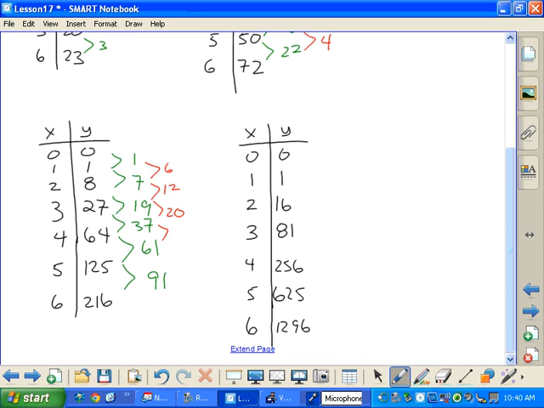And 61 minus 37. 24. 91 minus 61 is 30. So if we go through here, I have a funny feeling I've messed something up. Minus 27, that's a 37. Oh, it should be 18. There we go. Like I said, if you make a mistake, it really throws it off.